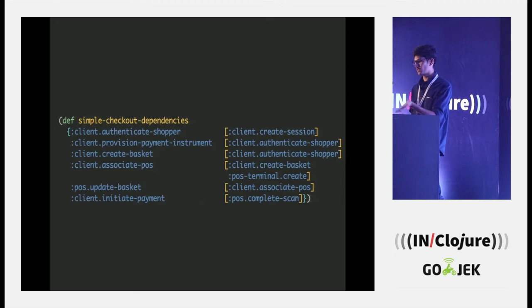To create a basket, you should have an authenticated shopper, and that's how the relationship goes. So for one action, you can define all the dependent actions on the other side. And some of them have 2, like to associate POS, you need to have created a basket in the mobile phone, and also you need to have an actual POS terminal in existence so that you can associate with it. So these are the dependencies.